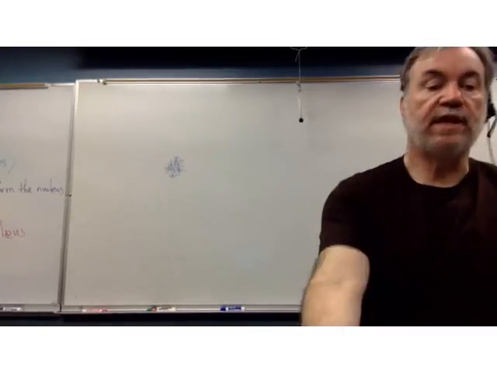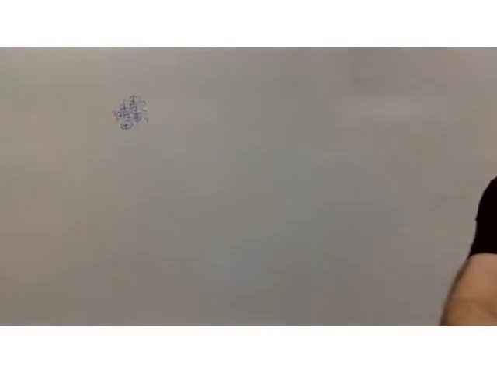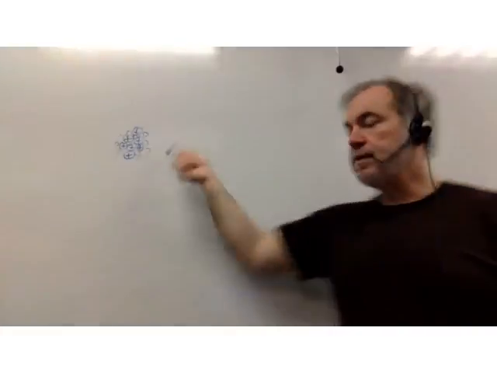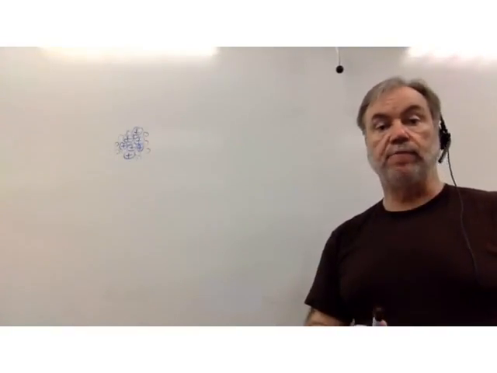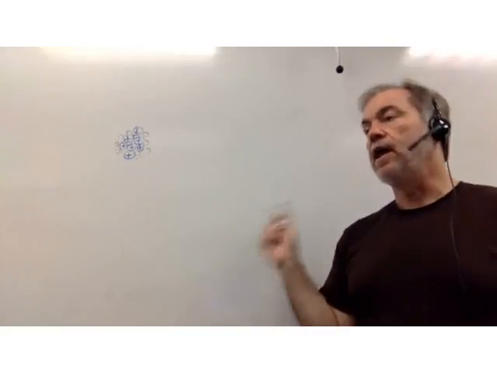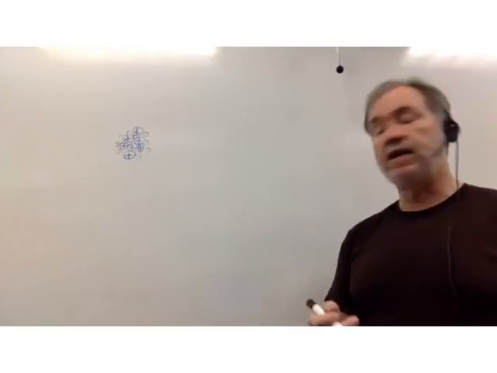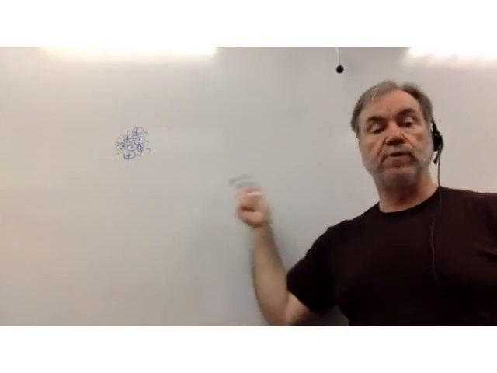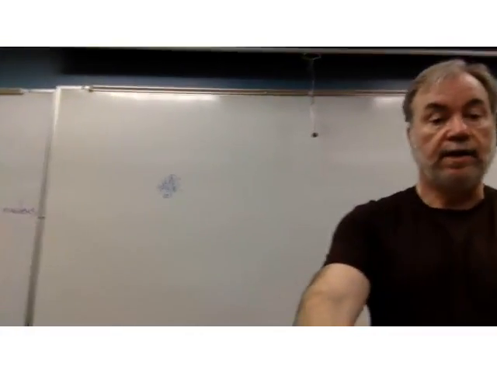In small atoms, by small I mean low mass atoms, typically the number of neutrons is essentially equal to the number of protons in the nucleus. As the atom gets larger and larger in mass and in physical size, that stops being true, and we get a lot more neutrons in an atomic nucleus than there are protons.